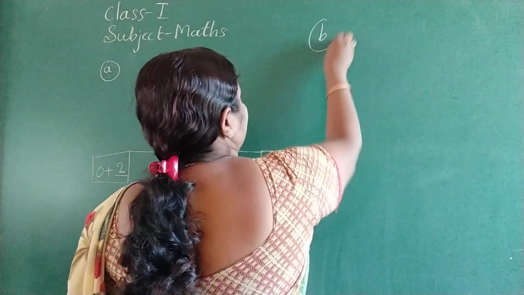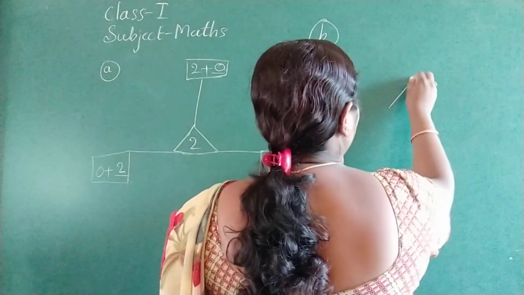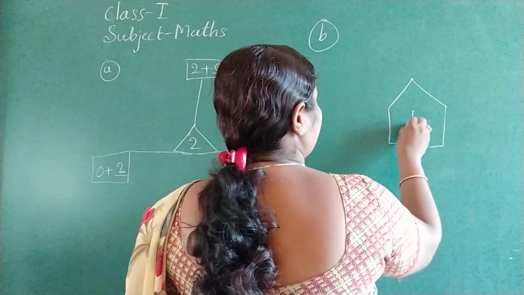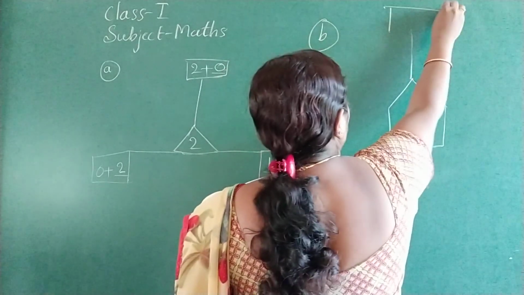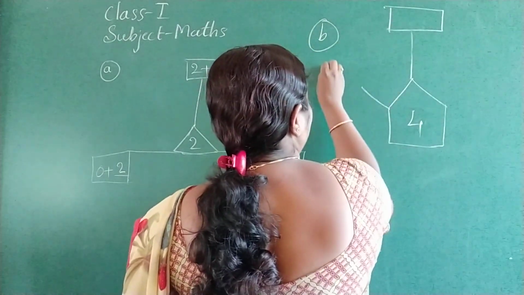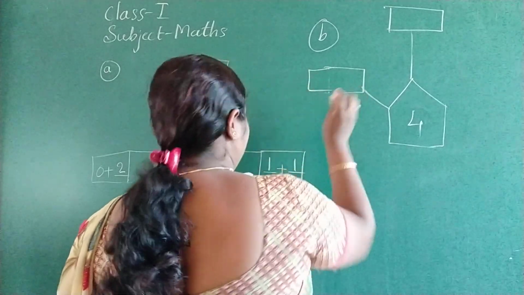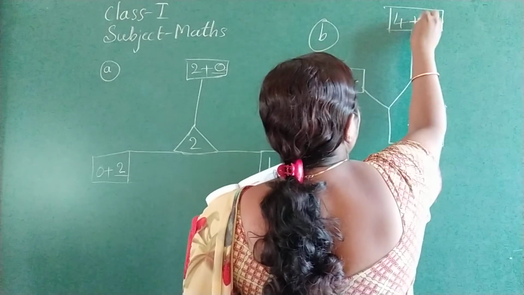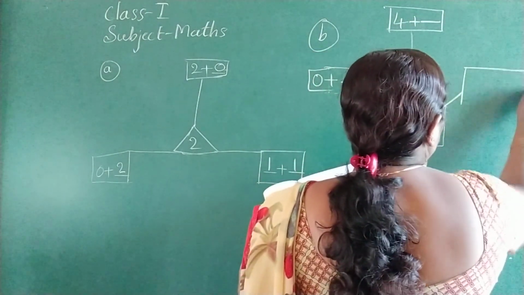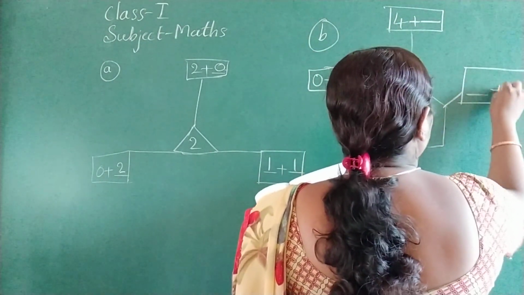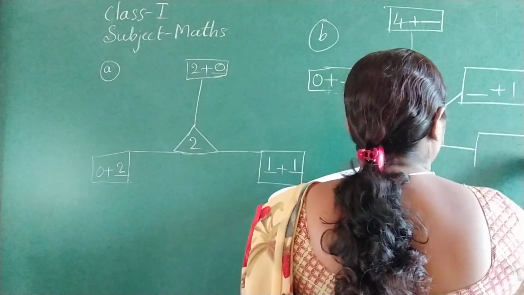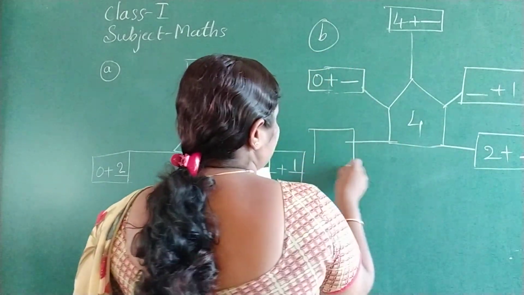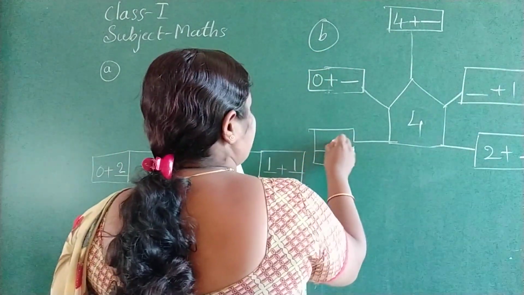Next, B, 4. Zero plus dash, 4 plus dash, dash plus 1, 2 plus dash, and here also dash plus 3.